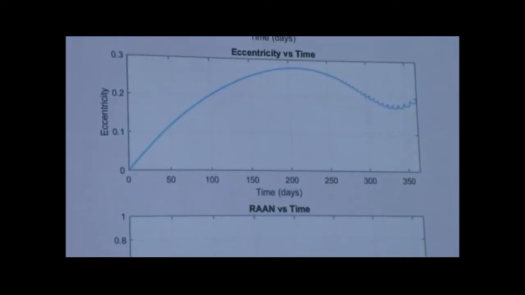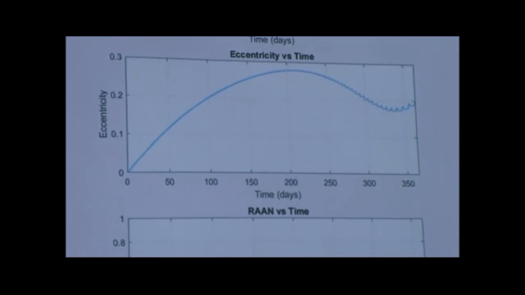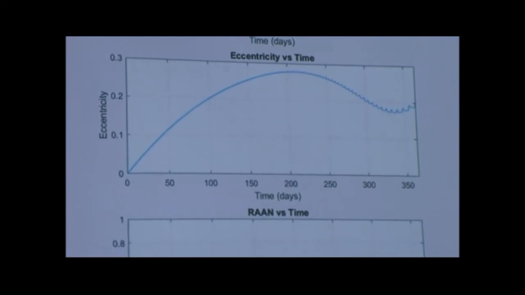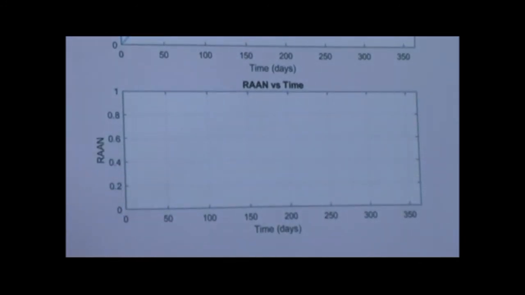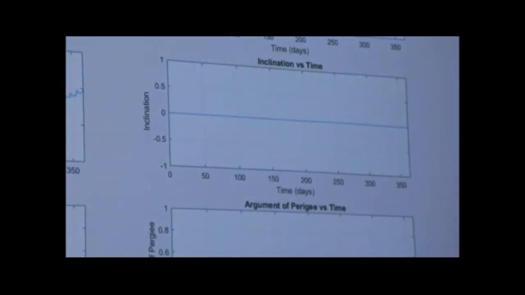And if you all look at those equations in the PDF that Dr. Bevilacqua handed you for the Gauss variation equations, you'll see kind of why there is no effect on the right ascension of the ascending node, the argument of perigee, or inclination. I think you'll find that the radial and tangential force components don't have any effect on those three orbital elements there at the bottom. So as we would expect, nothing happened.